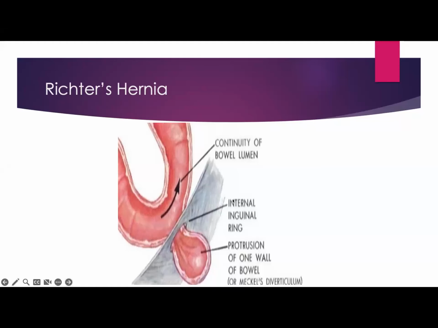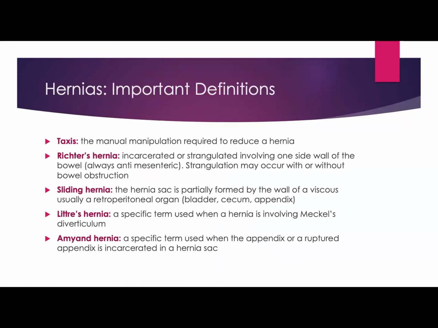In addition, there is a risk of strangulation, because of the compromised vascularity. Strangulation may occur with or without bowel obstruction, and because this is the anti-mesenteric side, it always has less vascularity.